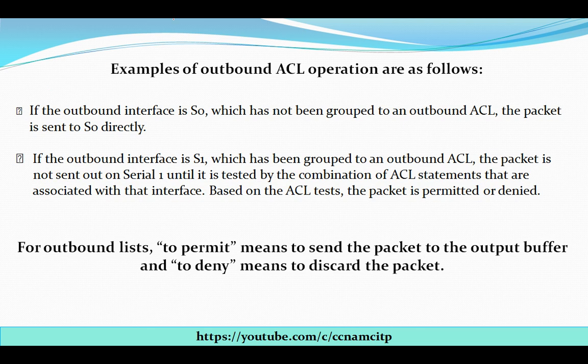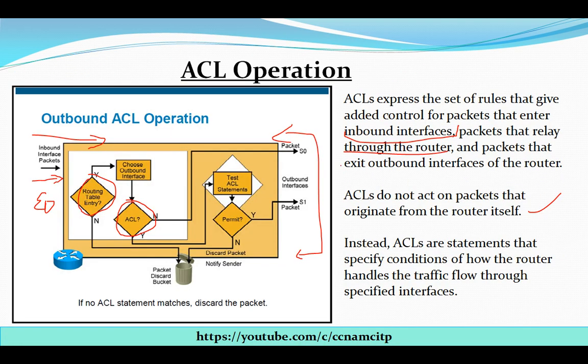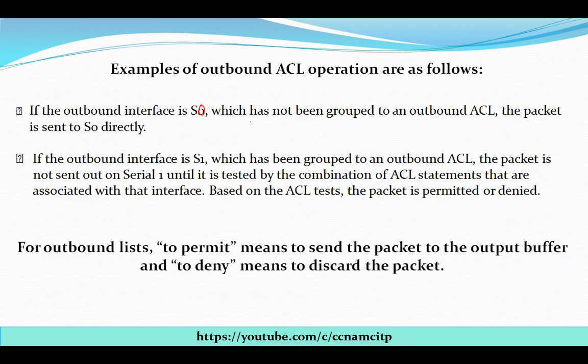Now we will see an example of how it works. If the outbound interface is serial 0, this is my serial 0. I will show you here. This is my outbound interface which has not been grouped to an outbound ACL. The packet is sent to serial 0 directly.